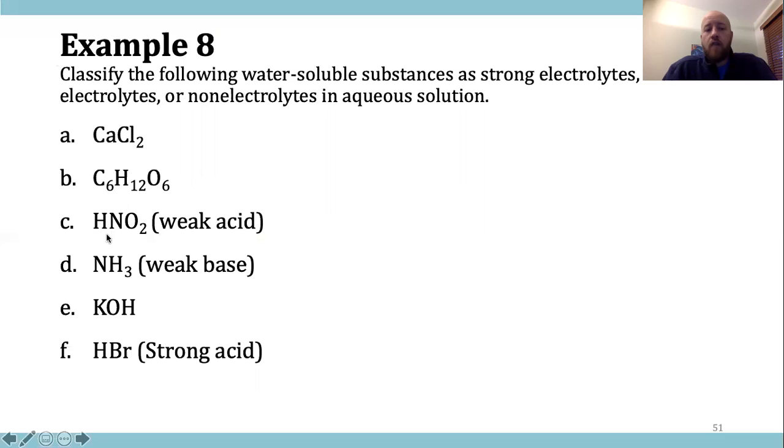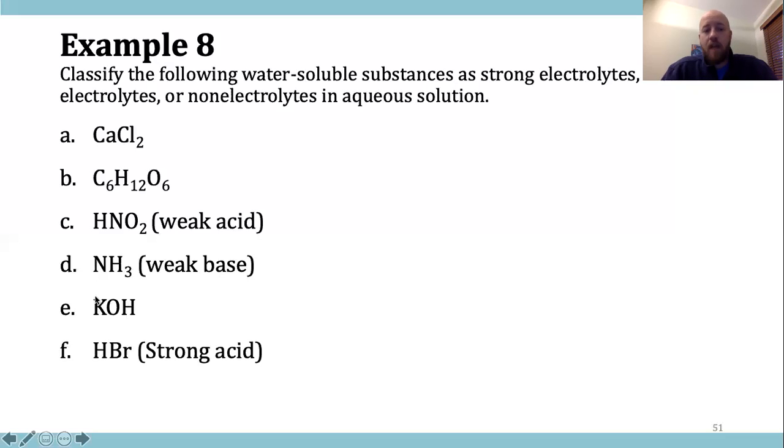We have nitrous acid, which is identified as a weak acid, which also makes it a weak electrolyte. Weak acid, weak electrolyte. Strong acid, strong electrolyte. Those definitions are pretty much synonymous for the most part. Ammonia is a weak base, so it is also a weak electrolyte.